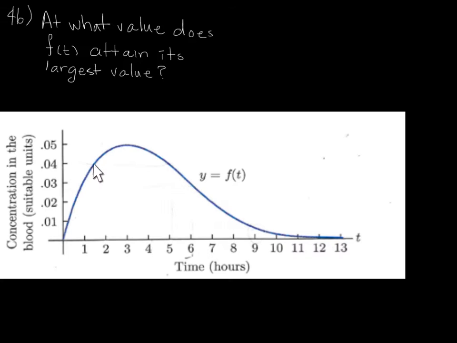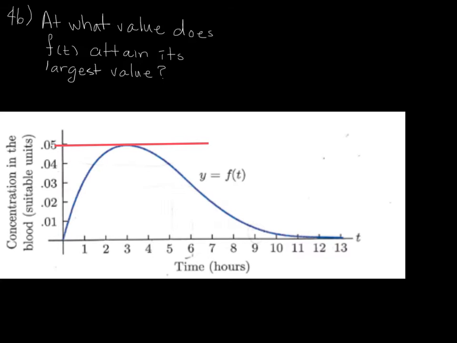Tracing the graph of the function, it reaches its highest point around this region, which looks like it should be somewhere around 0.05. Let's be more specific here. As we move this line up and down, we want to move it till it reaches the tip top of the function. And we notice that we reach the top of the function for the value 0.05 on the y.